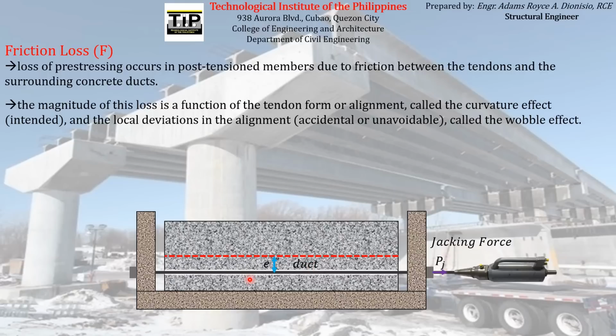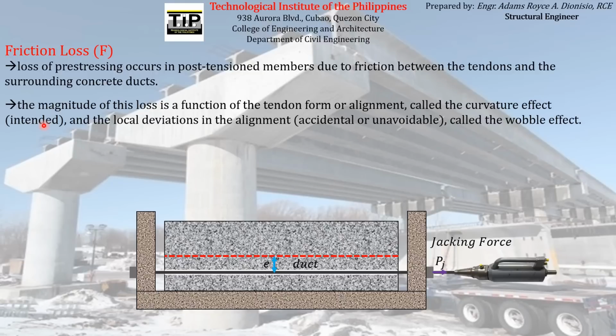Unlike this illustrated here, which has a constant eccentricity all throughout the length of the beam, for post-tension members we usually use a tendon profile with variable eccentricity, like the harped tendon, draped tendon or the parabolic tendon. Because of that intended curvature coming from the profile of the tendon, there is what we call friction loss due to the curvature effect, which comes from the intended curvature of the prestressing reinforcement.